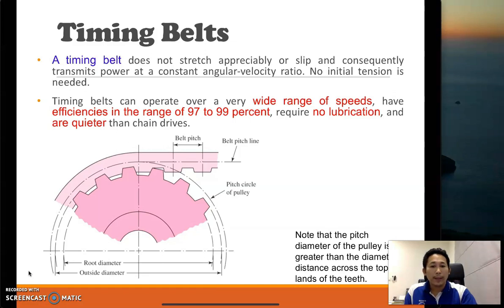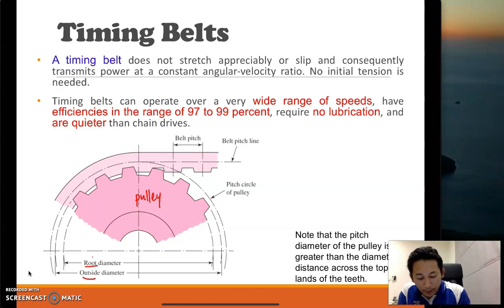Okay, a timing belt is somewhat like a gear. It has teeth and also has the pitch. So this is the pulley, or we say the pulley gear, and we have the root diameter and outside diameter.